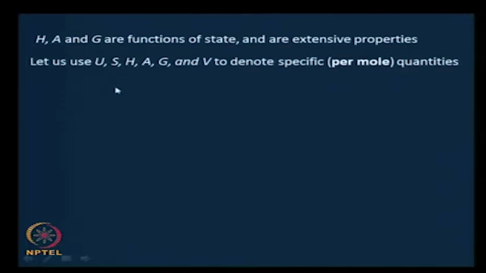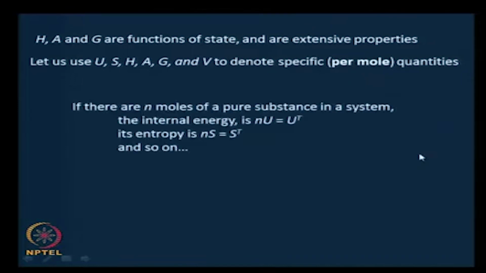And also we said for terminology purposes we will use the lowercase u, s, h, a, g and v to denote specific or per mole quantities. Therefore if there are n moles of a pure substance in a system, the internal energy will be n times u, which is also represented as Ut, and I think we finally went with Ut.